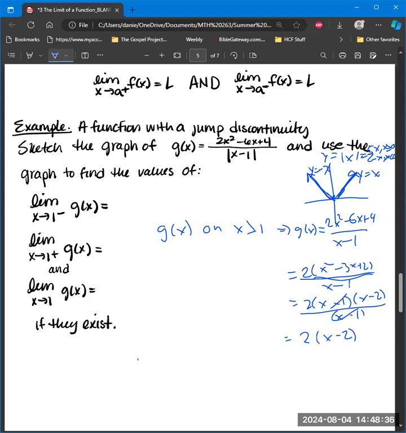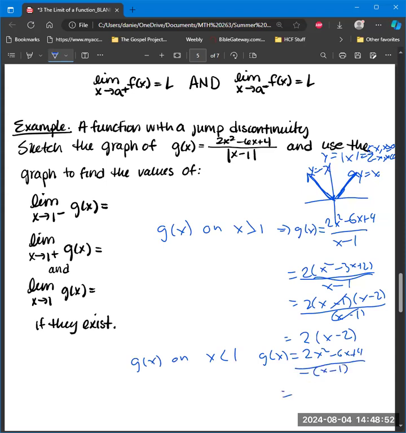And for g of x on the interval x less than 1, g of x is going to be equal to 2x squared minus 6x plus 4 over a negative x minus 1.